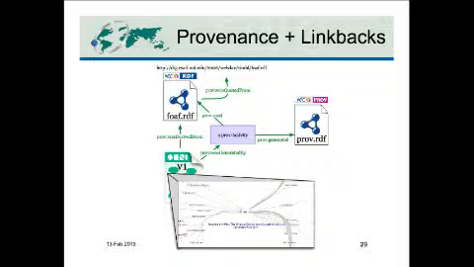So the final thing I want to sketch out is provenance plus linkbacks, again centered around Tim and his profile. There's a URL there, and you can request it and get an RDF file on your computer.